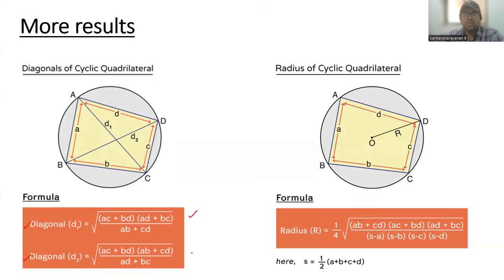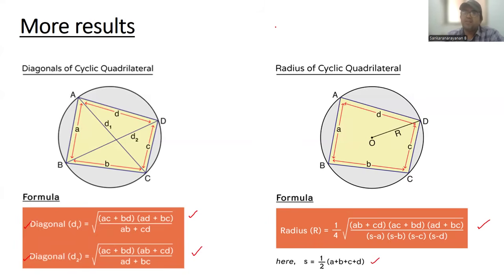And as you saw, in a cyclic quadrilateral the quadrilateral is inscribed inside the circle, right? So the radius can be calculated using the formula that I have presented here. Please note that S here is the semi-perimeter, A plus B plus C plus D by 2.